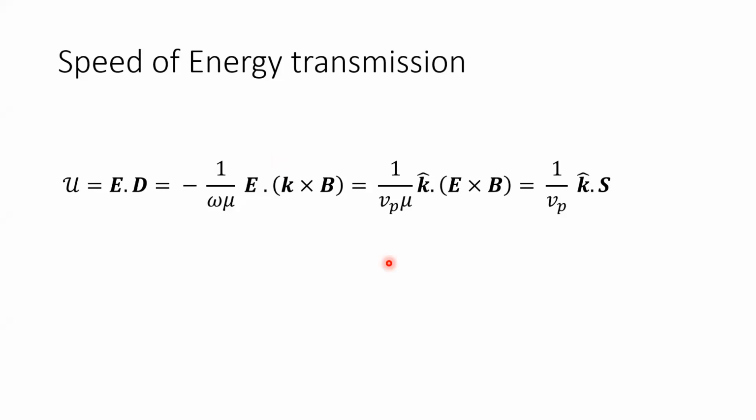Then we just moved things around. This is the triple scalar product, and E cross B is the pointing vector. So we got this result. This is the energy density, and it is given by the dot product of K and S. And remember, K and S are not parallel, so there would be a cosine alpha angle coming from this dot product.